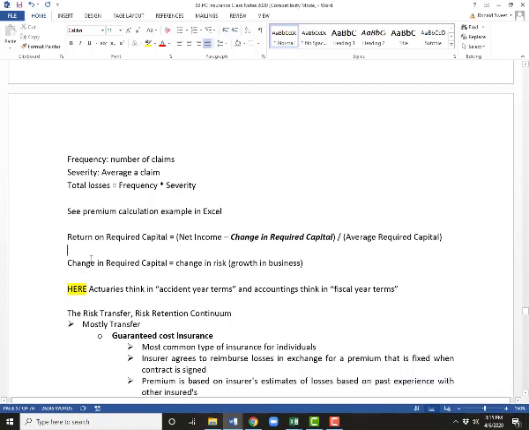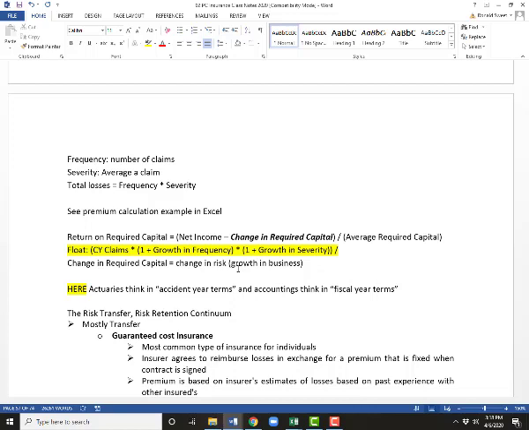But essentially what we're going to do for float is, you have the current year times 1 plus the growth in frequency times 1 plus the growth in severity. So float is your current year claims, if we're doing claims, times 1 plus your growth in frequency times 1 plus your growth in severity.